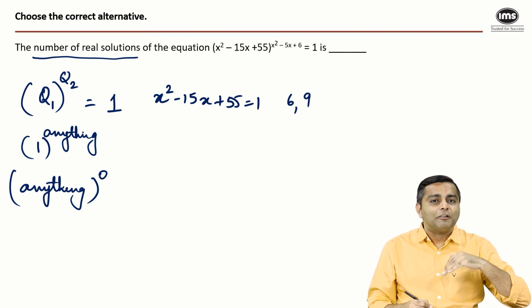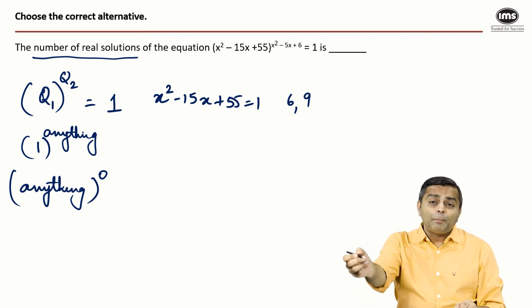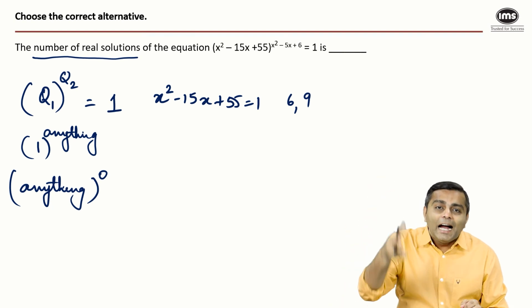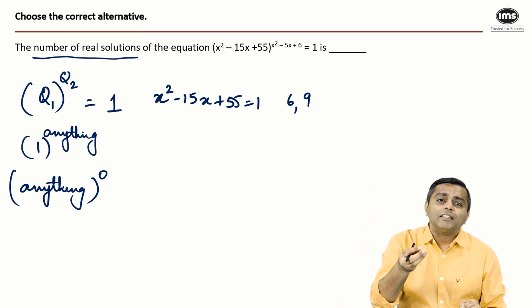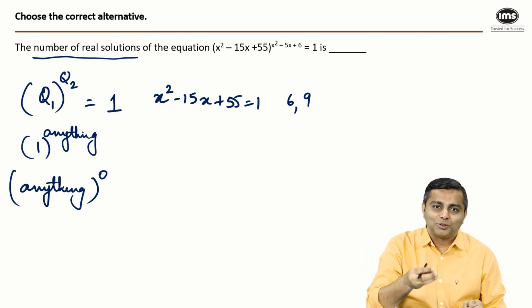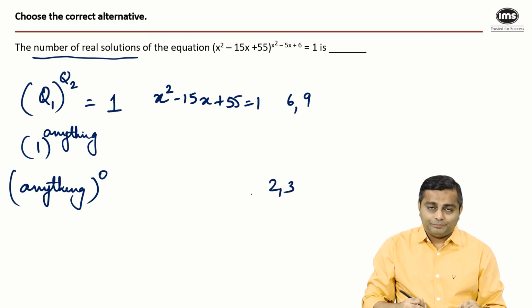We will not bother about the base now, but equate the power to 0. If you equate the power, x square minus 5x plus 6, to 0 and factorize, 2 into 3 gives us 6, and minus 2 minus 3 gives us minus 5, which means the values here are 2 and 3.